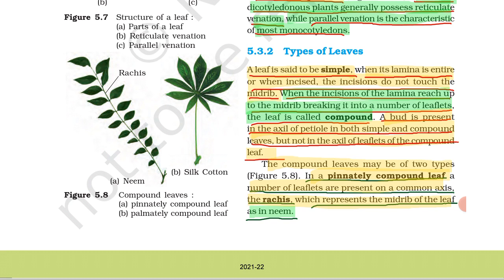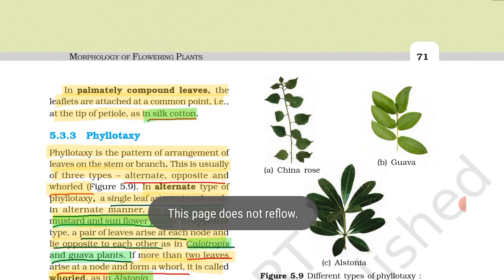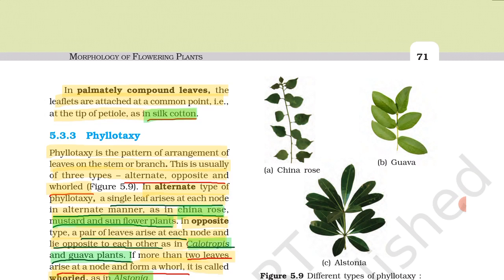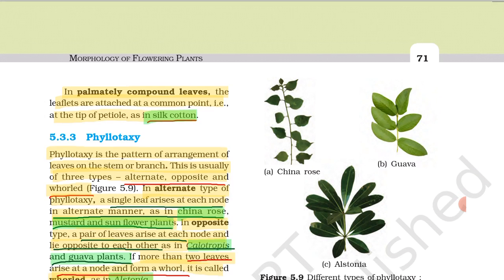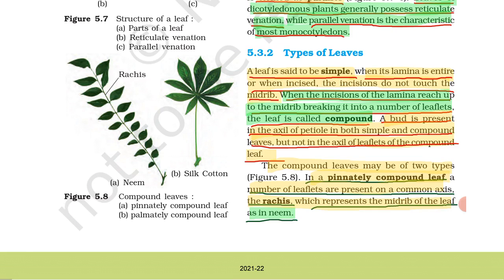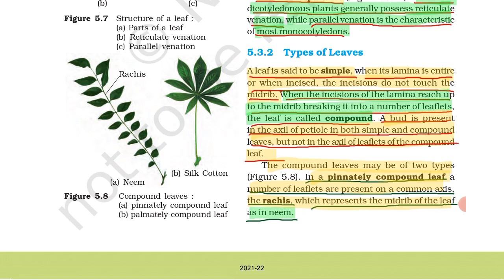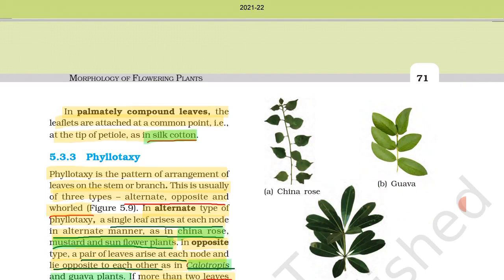In palmately compound leaves, the leaflets are attached to a common point at the tip of the petiole, and the example is silk cotton. So please refer to figure 5.8. In that silk cotton we can see this clearly.